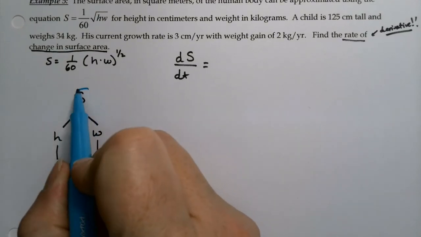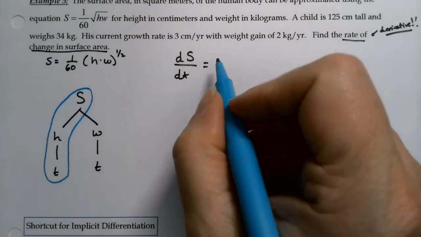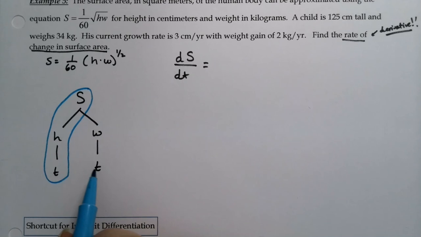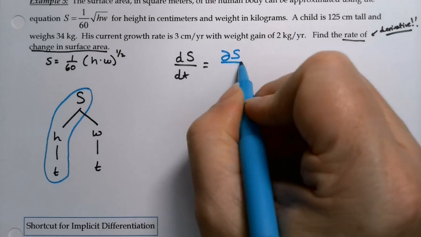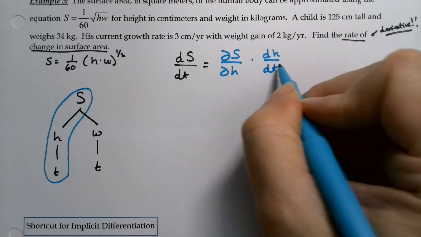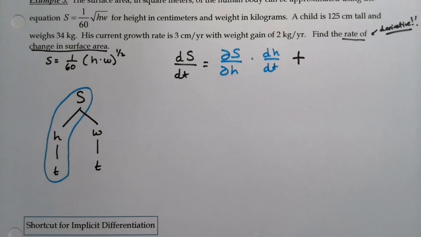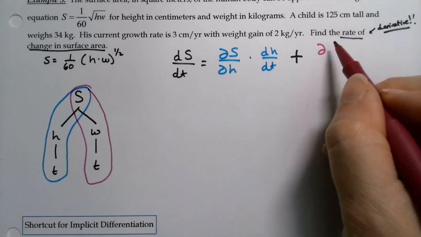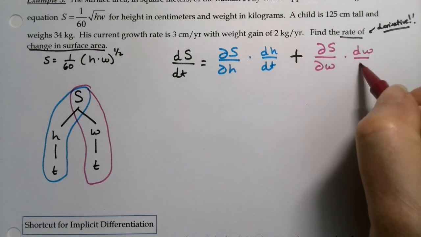All right, so from my chain rule tree diagram, the derivative of S with respect to t, and it is correct to use d's here because t is my only input variable when all is said and done, is the derivative of S with respect to h times dh dt, plus, and then the other side of the house goes this way, which is the derivative of S with respect to w times dw dt.